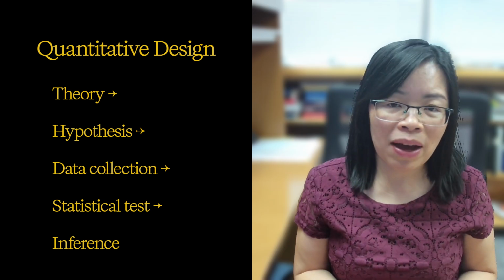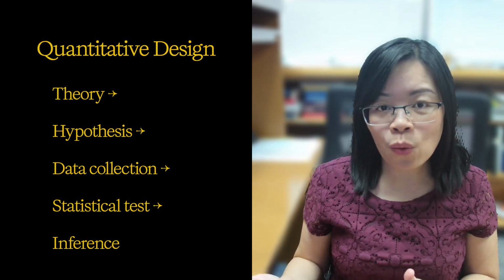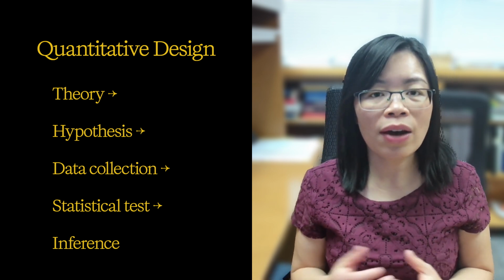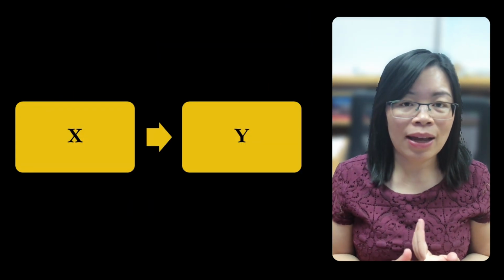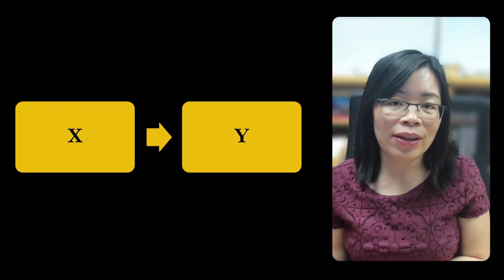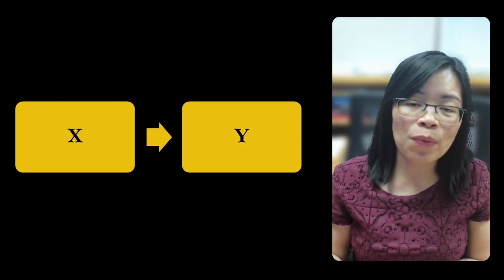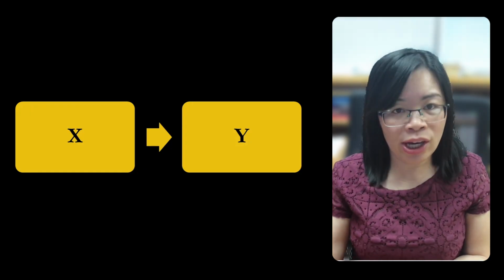If your theory posits a causal relationship, for example, X causes Y, you ideally choose a design that supports causal inference. For example, an experiment randomly assigning X to observe its effect on Y, or at least a longitudinal survey where you can see if changes in X precede changes in Y.